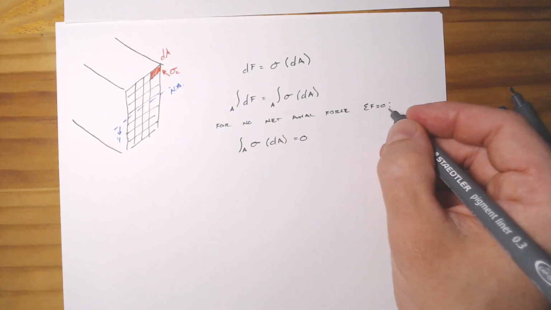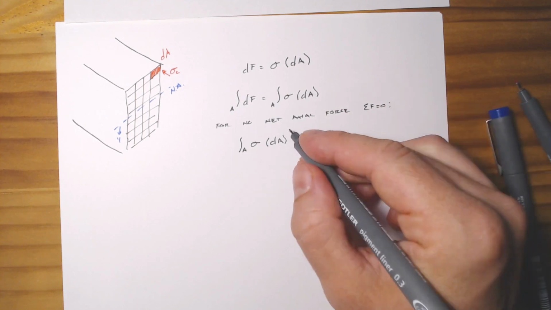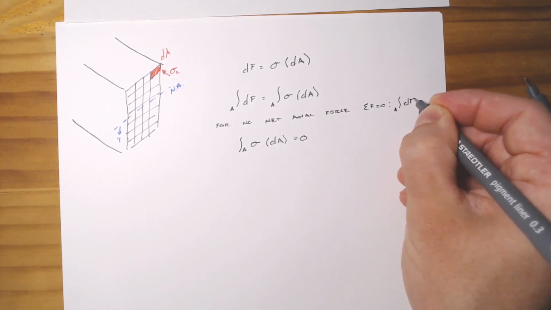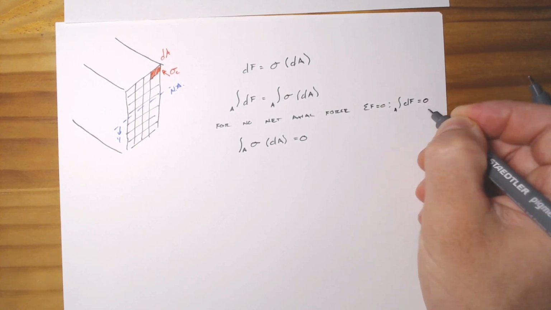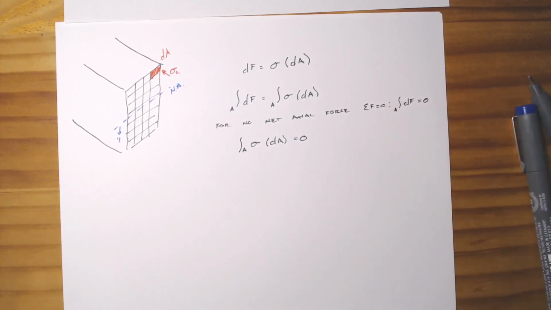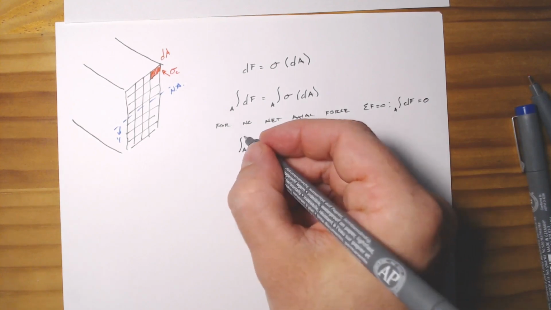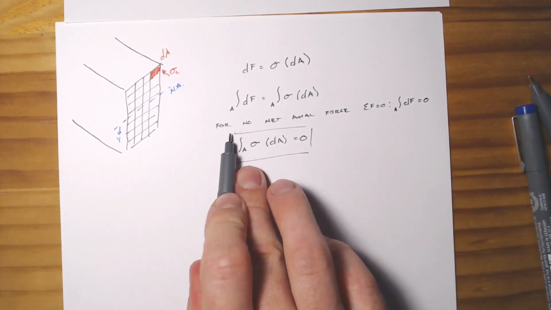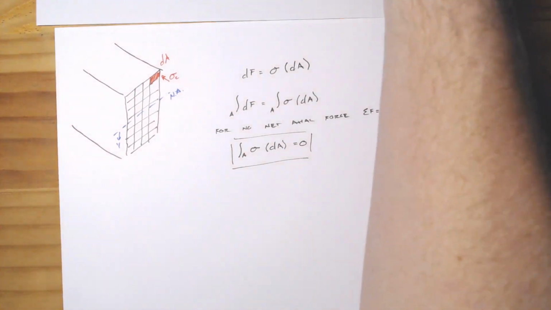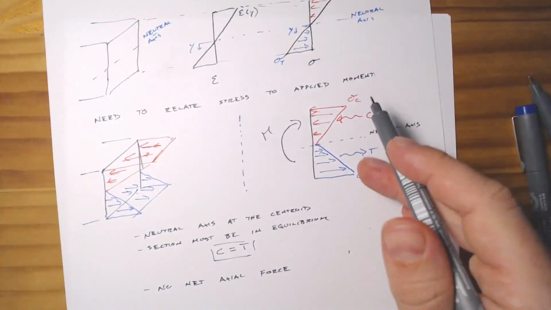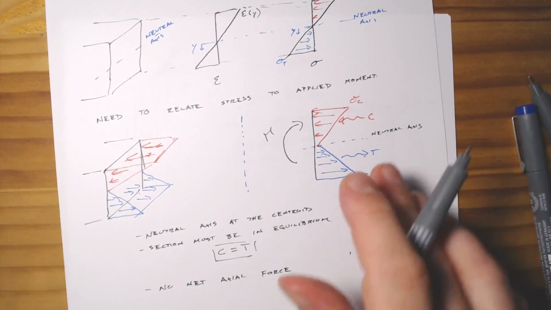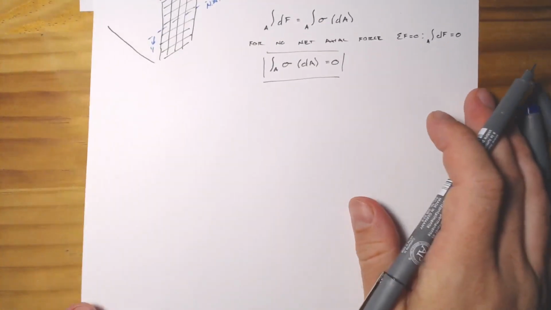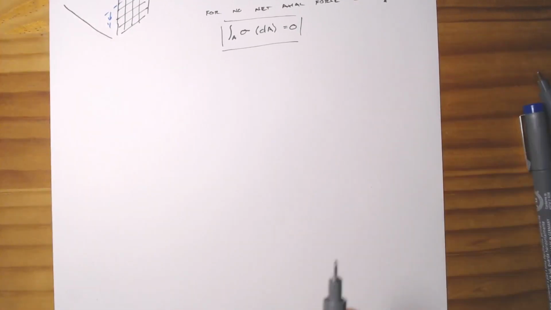So over the area, the sum of the forces dF equals 0. All right, so we've set this up. This is really simply the calculus version of just saying that C equals T and there's no other applied force. So this is just doing some calculus to say this and give us some mathematics to set this up.